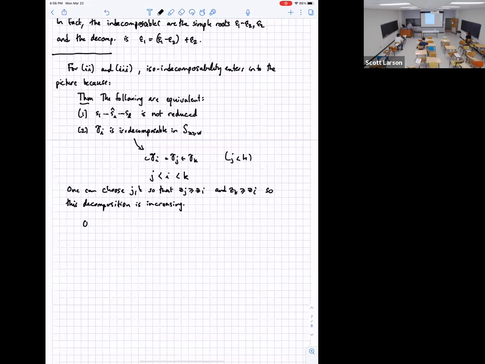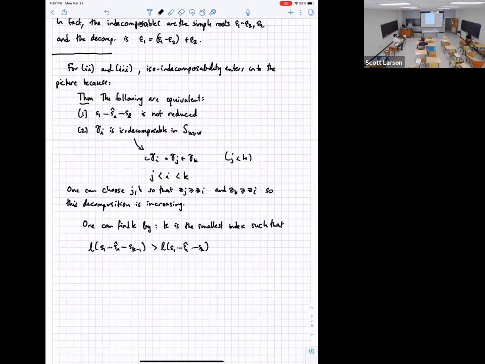So one can find them by taking K to be the smallest index such that the length of the product S1 through S_I hat through S_K minus 1 is bigger than the length of the product S1 through S_I hat through S_K.